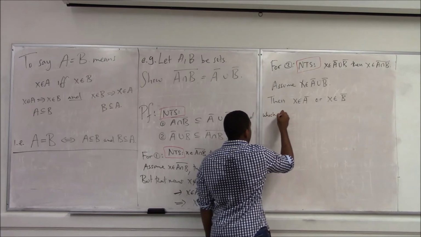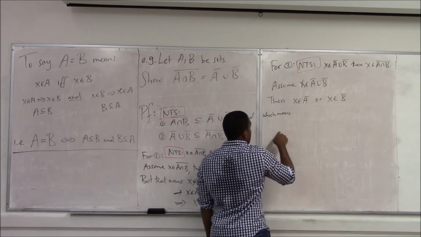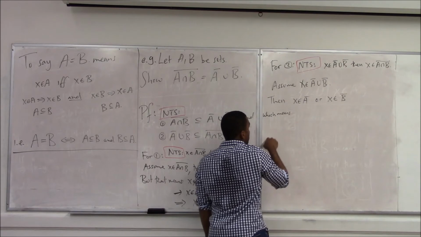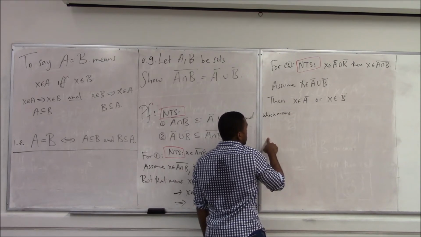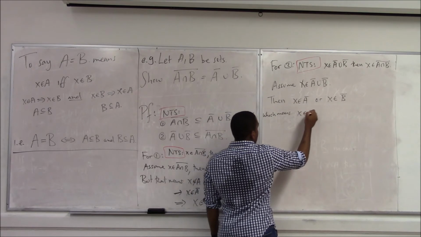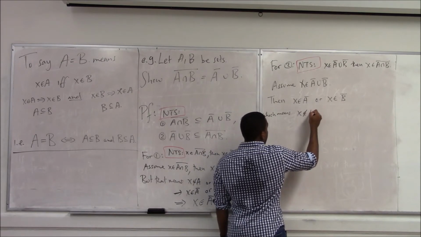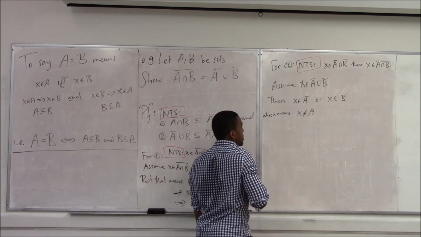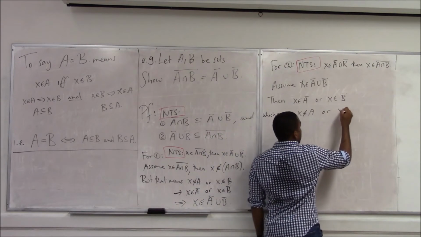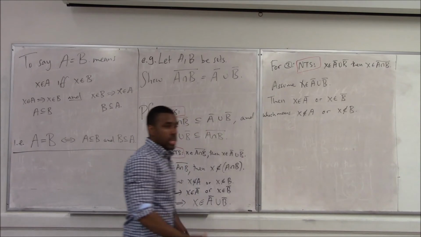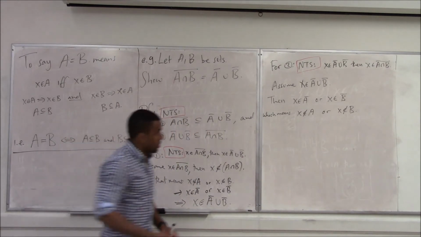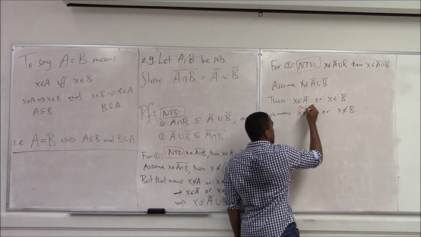Which means? What does it mean to be in A complement? X is not in A, or x is not in B, right? In other words, we have two cases here to deal with. So we end up with two cases.